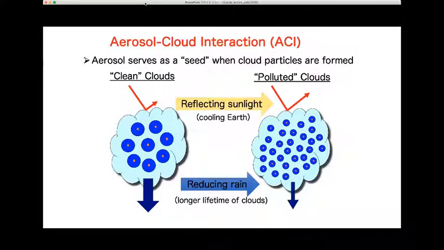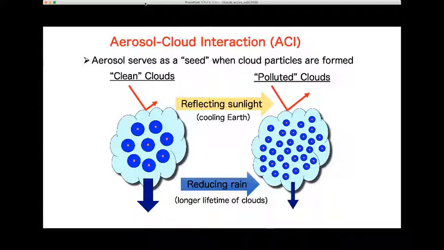In the case of very clean clouds with a very small number of air pollution particles, clouds can become relatively large because they can grow faster, because only a smaller number of particles compete with each other to absorb the water vapor.